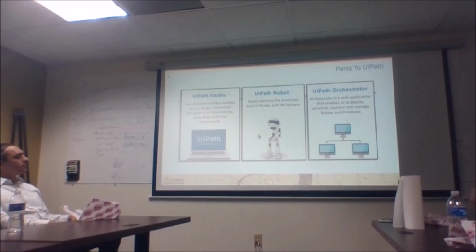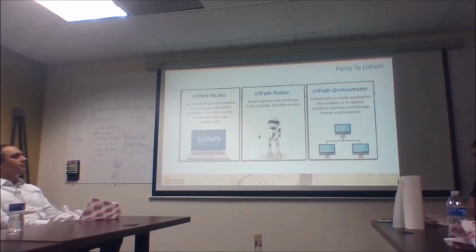I can run it externally from Orchestrator, and that robot just resides in there and runs it. So it's an unattended robot. There are also attended robots, where a robot assists somebody doing something. If we rely on user feedback or input, we can have a robot automate things and then pop up a window where the person needs to input some information in order for the process to continue.